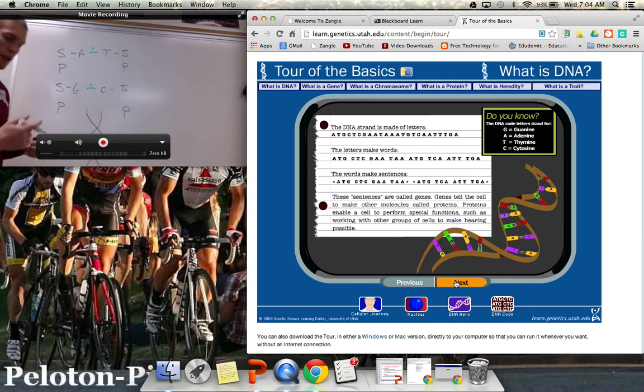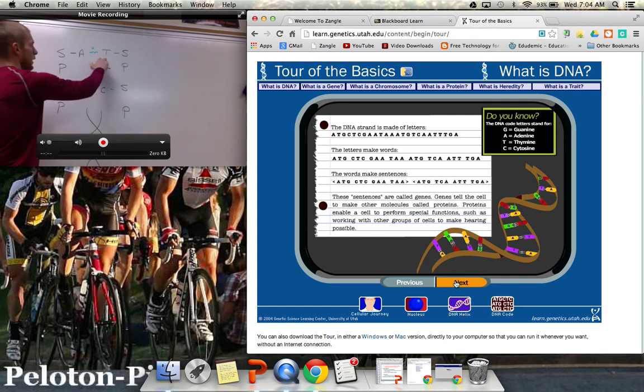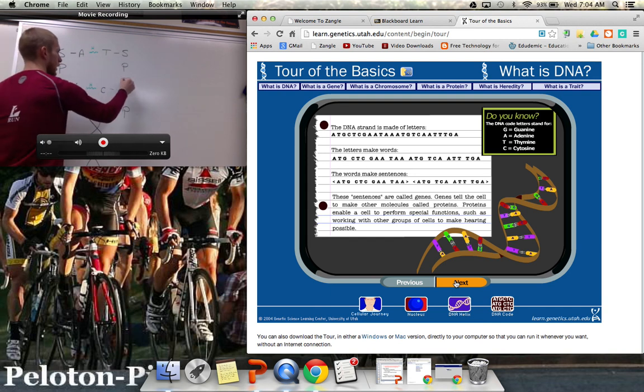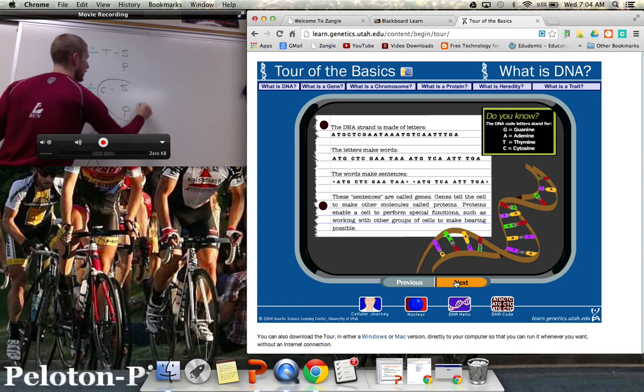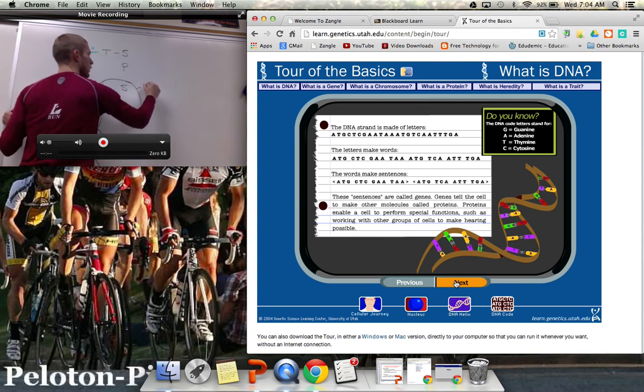And when it coils up and condenses down, then we call that a chromosome. Okay. So again, we have a sugar phosphate backbone. We have the nitrogen bases, adenine, which pairs with thymine, and guanine, which pairs with cytosine, and a single sugar, phosphate, and nitrogen base is what we call a nucleotide.